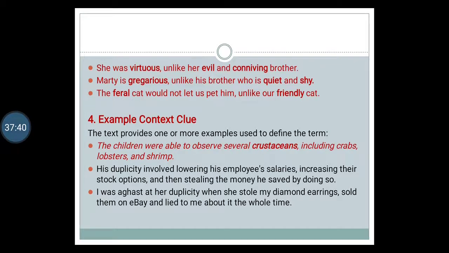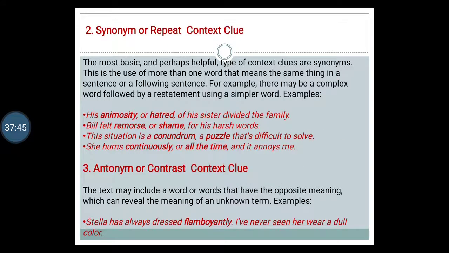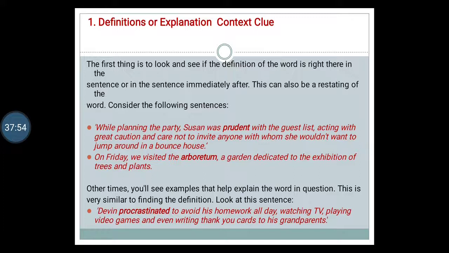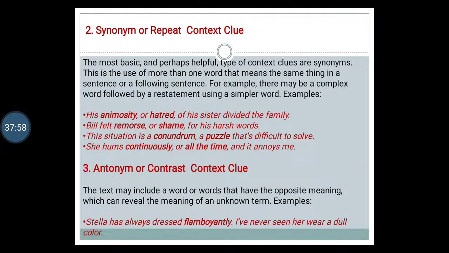Look for 5 sentences that have any of these context clue types we have spoken about. It could be a sentence with an example context clue, an antonym context clue, a synonym context clue, or a definition context clue. Let's see if you can do that.